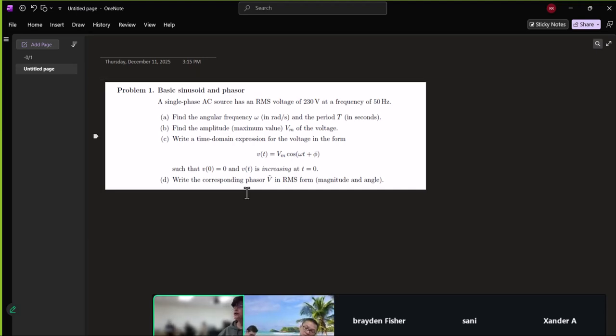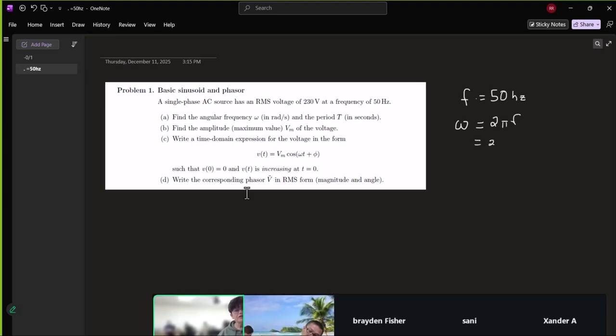So the frequency is given in hertz. Frequency is 50 hertz. And a hertz is a per second, or a second to the -1. Omega is angular frequency, and omega is 2 pi f.